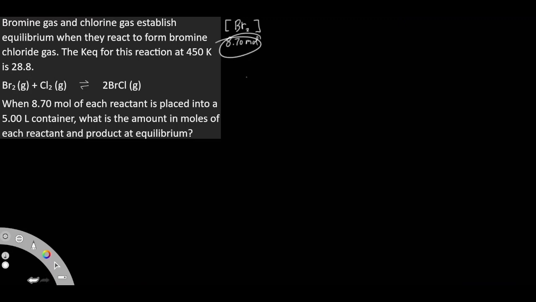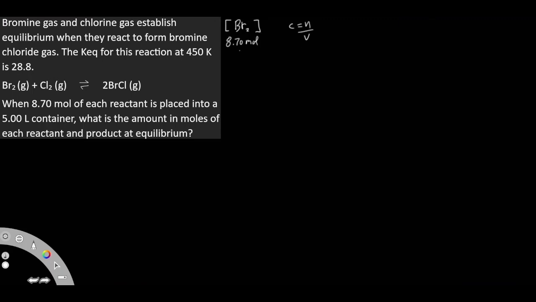So instead of just leaving it as moles, I'm actually going to be plugging it in and integrating it with the liters over here. Why am I going to be doing this? Because you should already know this formula here. C is equal to n over V. Our moles are on the top, volume is on the bottom. If we have both of these variables, we might as well put them together and represent them as a concentration.